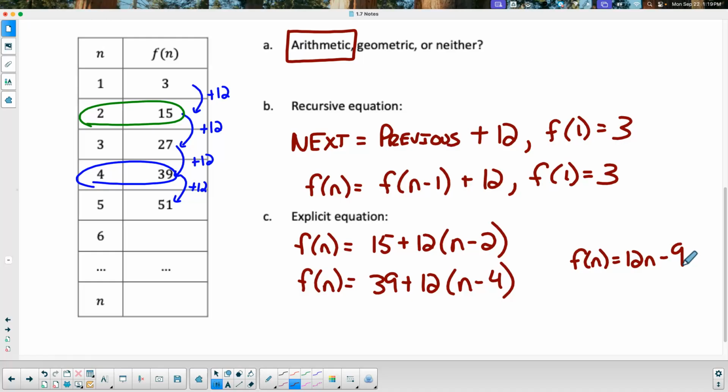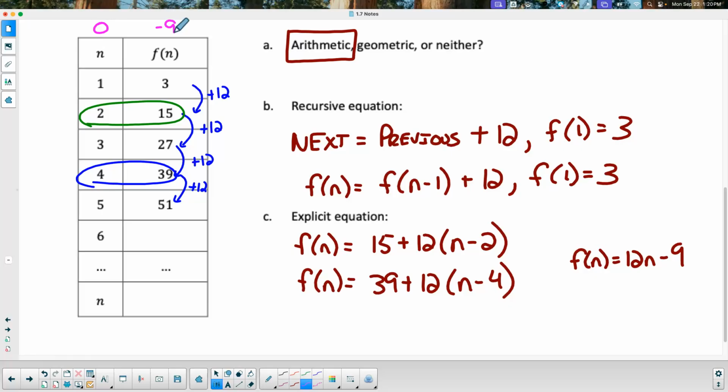Because if I add by 12 to go down my chart, I can subtract 12 to go up the chart, and my 0th term, that gets me that y-intercept, would be 3 minus 12, which would be negative 9. It's just that simple. Right? That's what you got to do in every single one of the next 4.